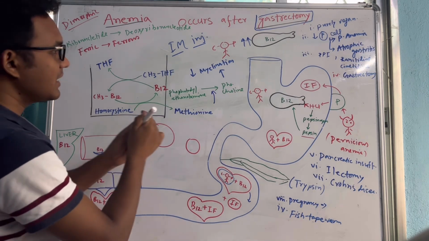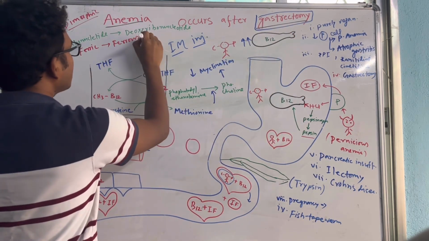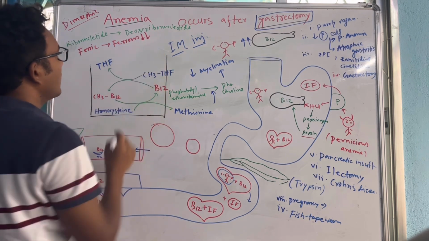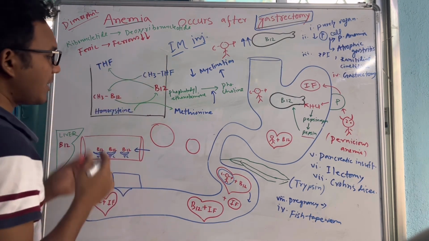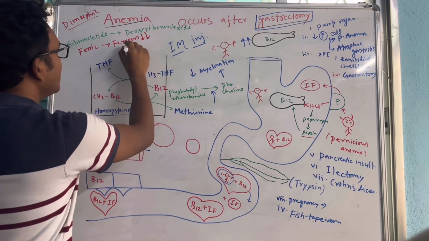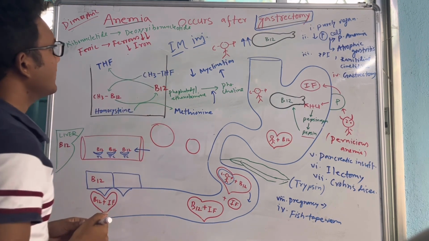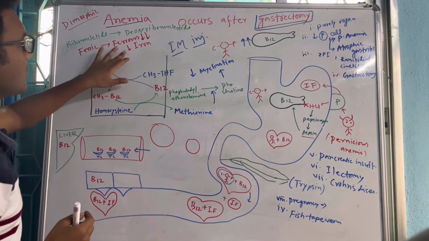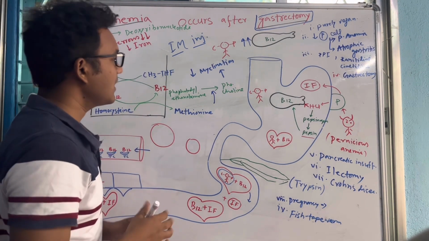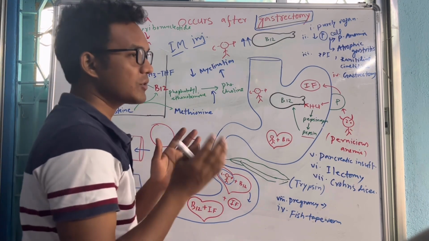So if there is decreased HCl secretion due to the gastrectomy, there will be decreased ferrous form of iron, and this ferrous form is absorbed inside the intestine. So decreased ferrous form means decreased iron absorption, and decreased iron absorption means there will be iron deficiency, and we know in iron deficiency there will be microcytic anemia.